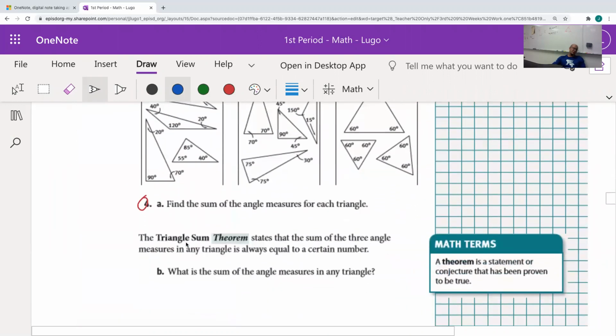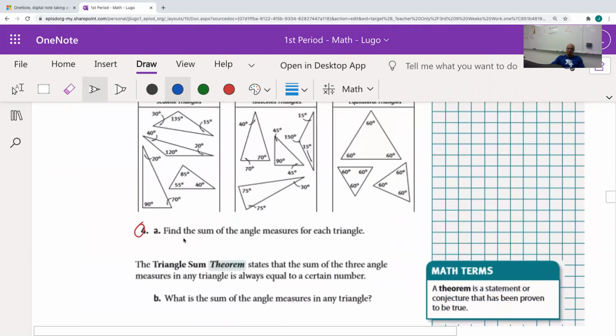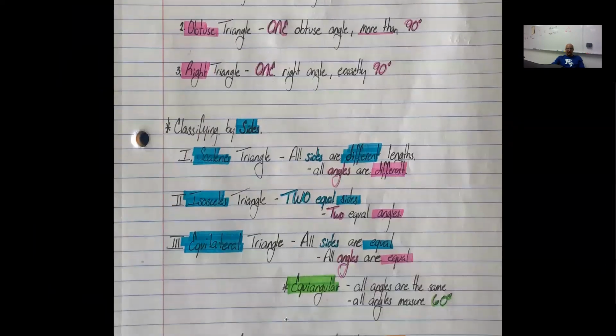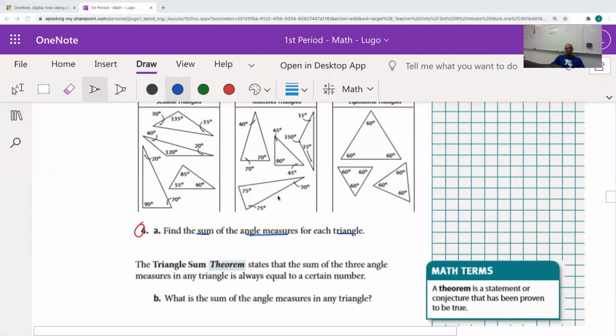Number 4 is super simple. If you simply paid attention to the notes, you can get this just by reading the question. Find the sum of the angle measurements for each triangle. If we go to our notes, remember, the sum of all the angles in a triangle will always be 180 degrees.